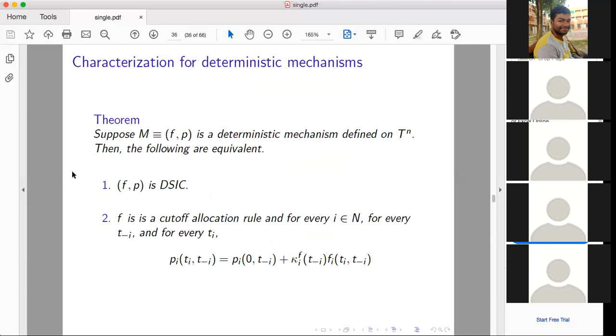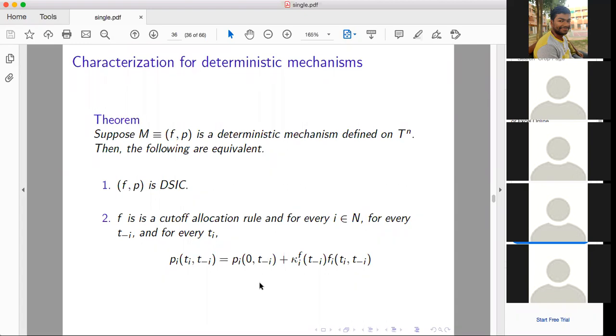So in particular, we showed that if f is deterministic, then (f, p) is DSIC if and only if f is a cutoff allocation rule, and for every i and every t minus i, the payment of the loser is just p_i(0, t minus i), the payment he will make at the lowest possible type.